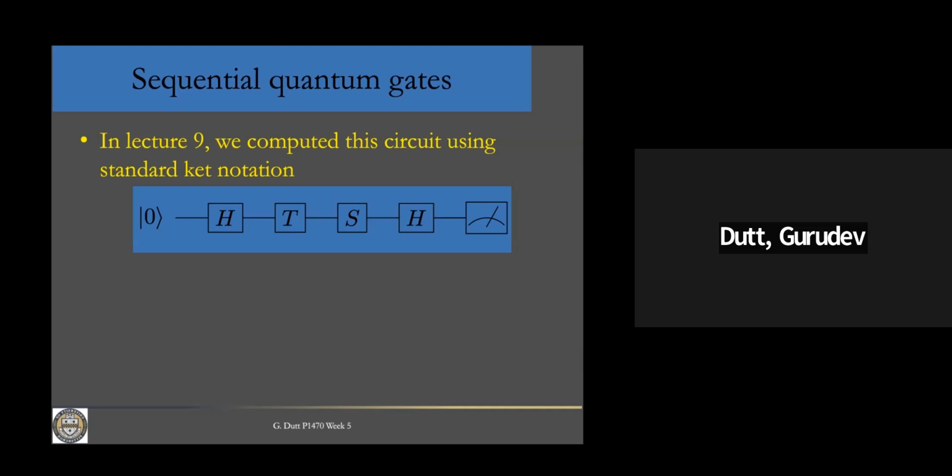The second is our first matrix, H, which is 1 over root 2 times 1, 1, 1, minus 1. Then we have the T matrix, which is 1, 0, 0, e to the i pi over 4. I'm going to leave these last two for later because I'm out of space. So let's first compute this one over here.